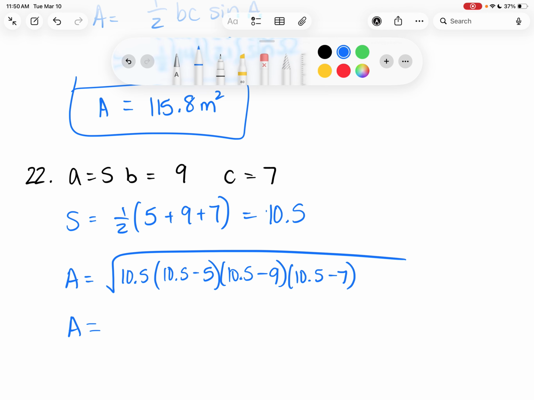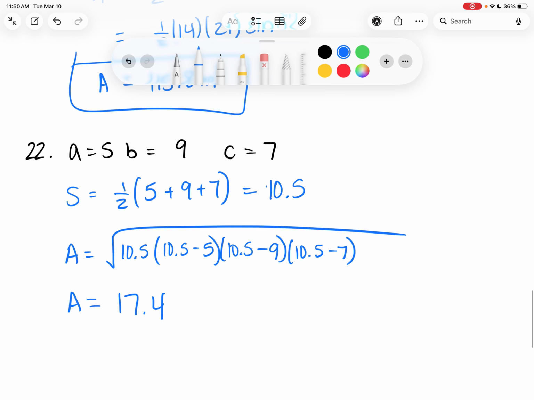And these ones do not give units, so we don't need units on these. If you want to write units squared, you can, but we don't know what the units are, so I usually just don't worry about it. And the book doesn't worry about it. 17.4.